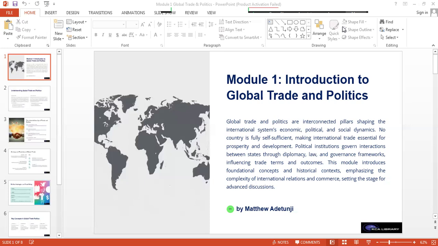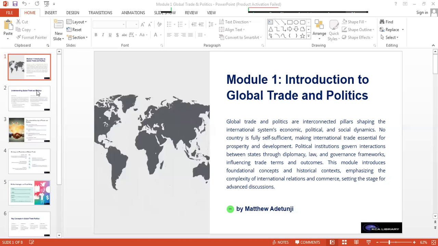Just like I said, we look into the fundamental concepts and historical context of global trade and politics. We're going to emphasize the complexity of international relations and commerce, setting the stage for advanced discussion.